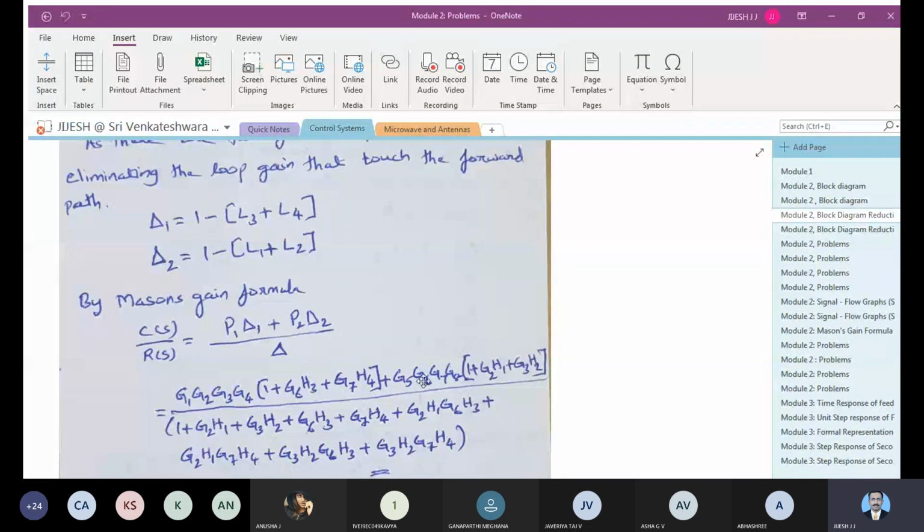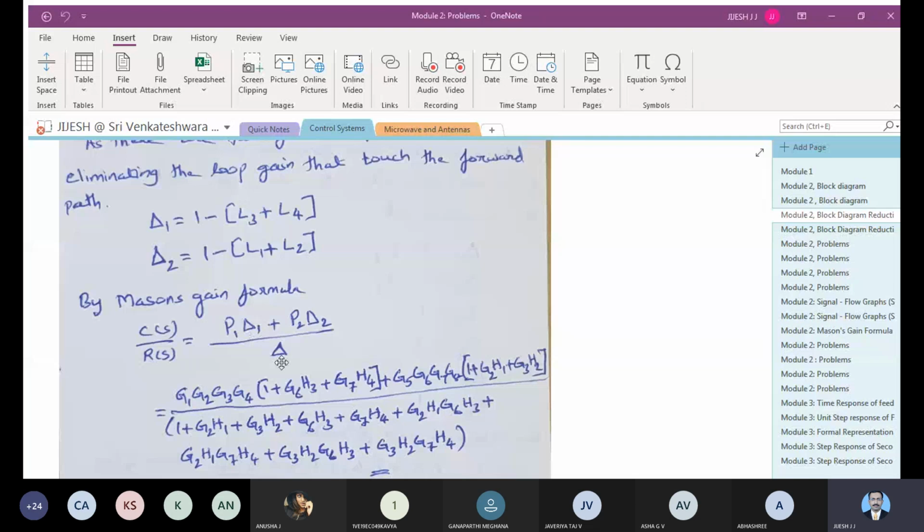The third point we studied is moving a summing point behind a block, and this is the summing point which you have to move to this side. When the summing point is moved, you should take care of the blocks associated with that summing point, and you are not supposed to change the output that is generated. You can see in this figure that x3 is G1x1 plus or minus G2x2.